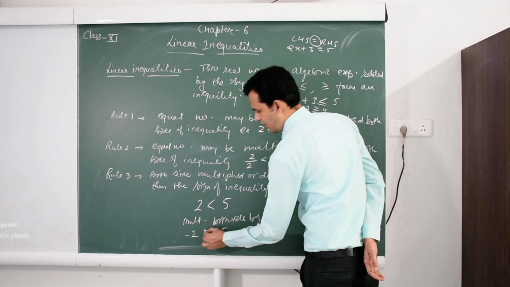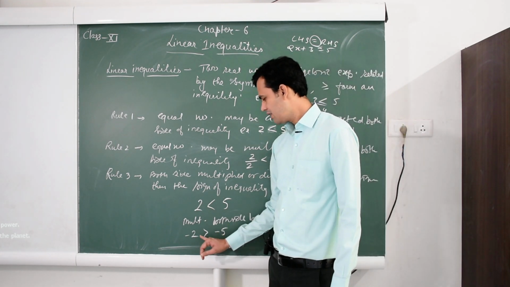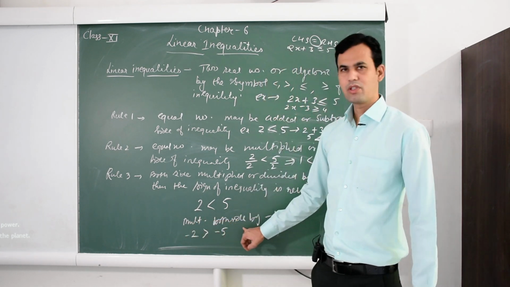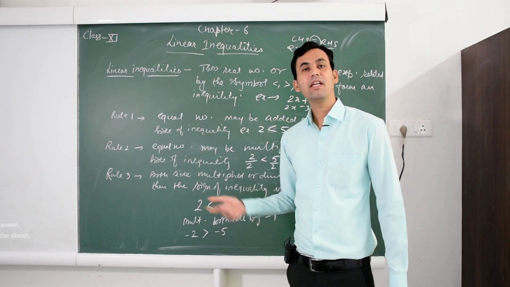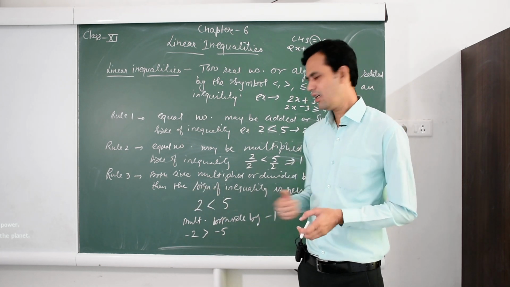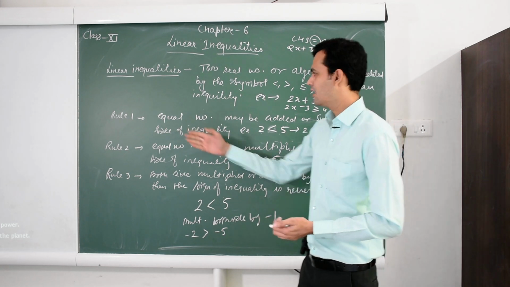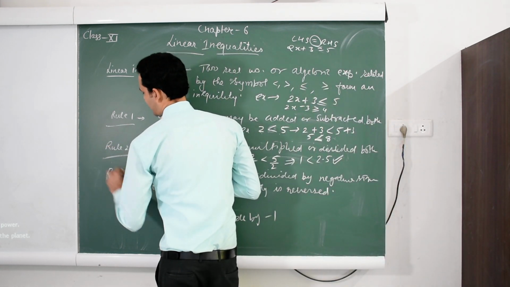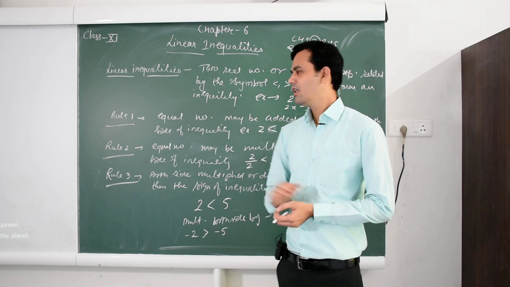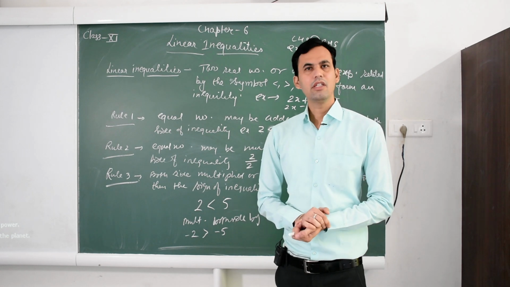Now the sign is changed. Why? Because minus 5 is less than minus 2. So if we multiply or divide both sides by a negative number, the sign of inequality will be reversed. These three rules are the basic rules for linear inequalities in exercise 6.1 and for this whole chapter.